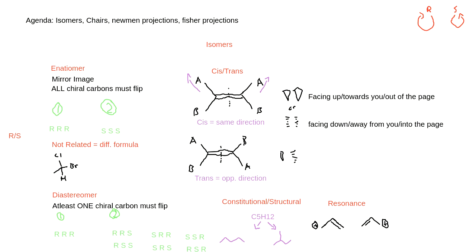And then let's say you have the same thing, but bromine, hydrogen, methyl, and instead of a chlorine, you have a fluorine, okay? If you see these two structures and you see chlorine on one structure and fluorine on the other, that is a different chemical formula, and the answer choice would be not related, okay?